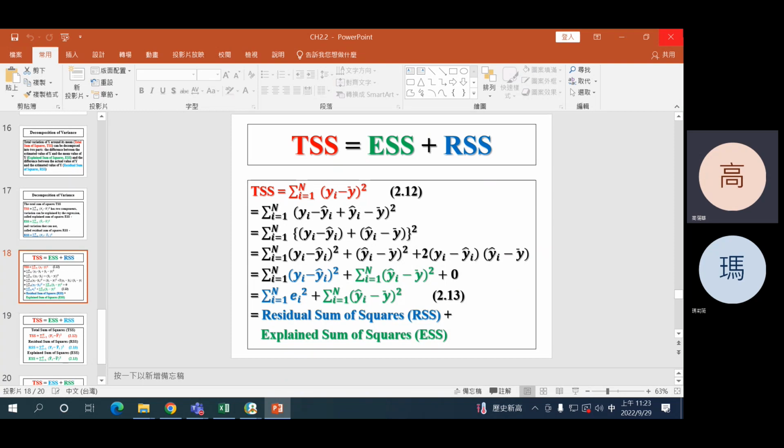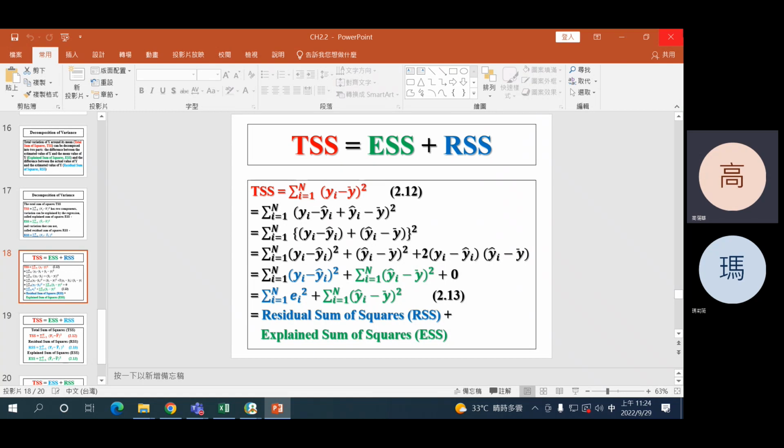And this part is called the explained sum of squares, ESS. So this means the total variation of y can be decomposed into 2 parts. One is called RSS, the other is called ESS.